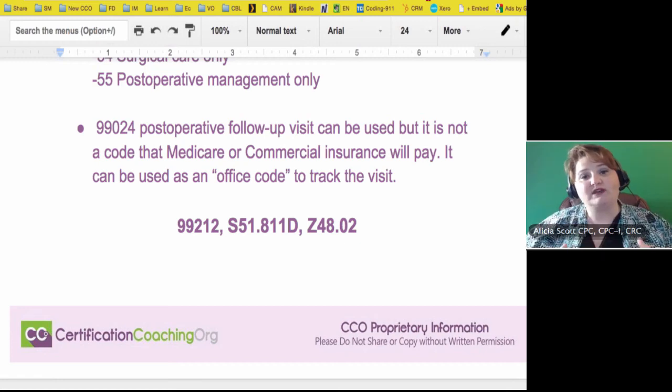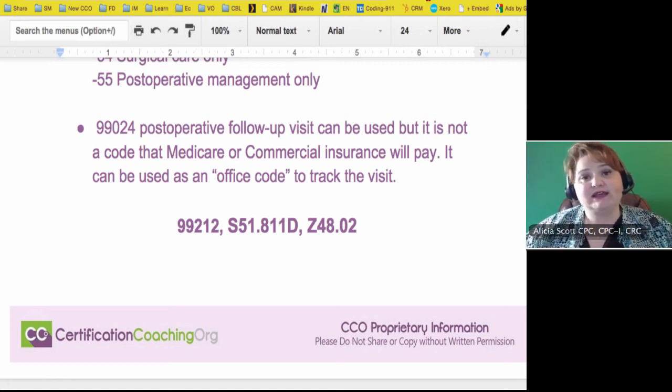So overall, if you look at all of this, this is probably what you could expect to see in a scenario where a patient came in to have sutures removed after an ER visit, and that would be 99212 for your visit, S51.811D for subsequent encounter, and then Z48.02, excuse me, and that's the statement that the reason they're here is to have their sutures removed.